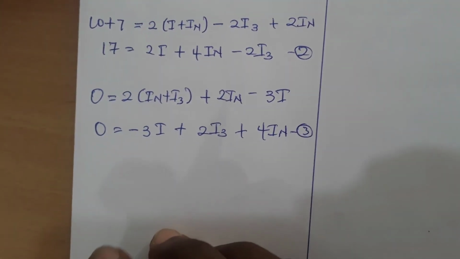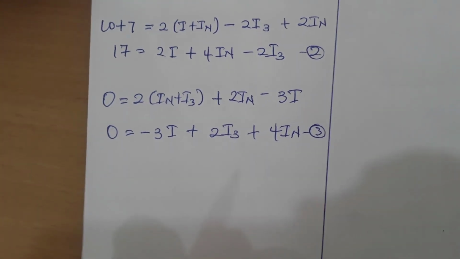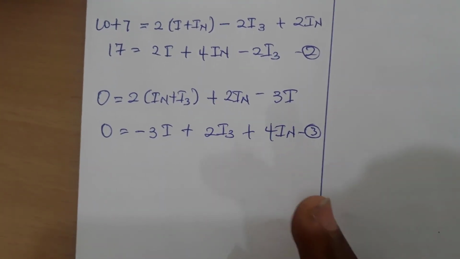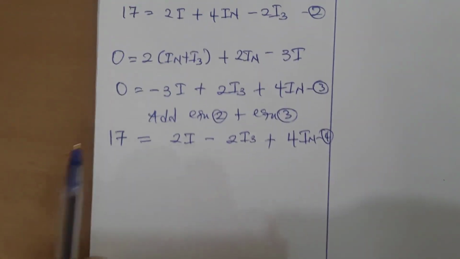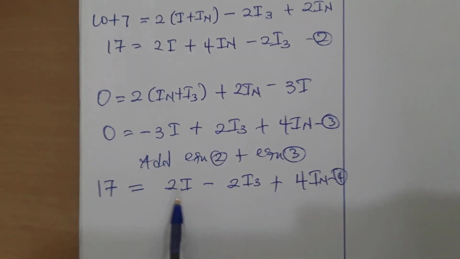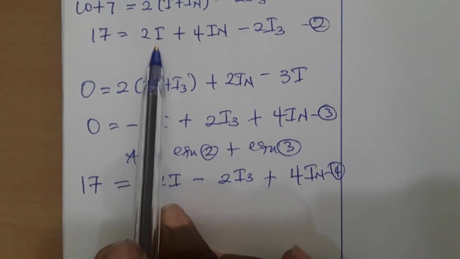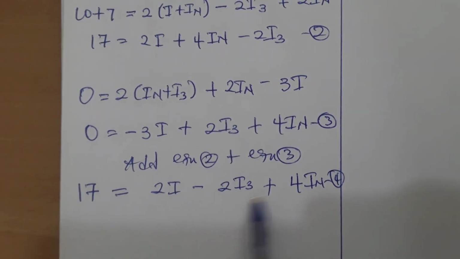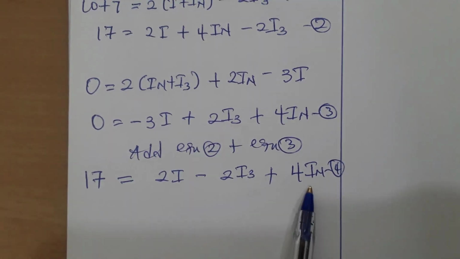From here we apply the tools that we know, using substitution and all that. I can write equation 2 in this form: 17 equals 2I minus 2I3 plus 4IN.